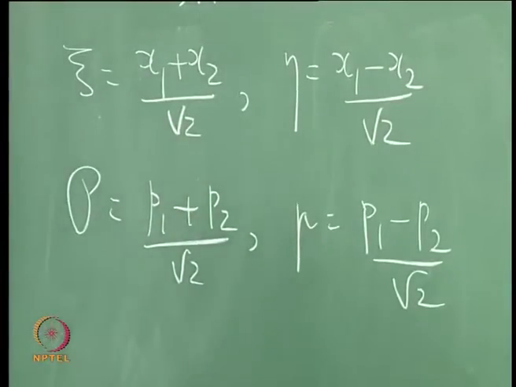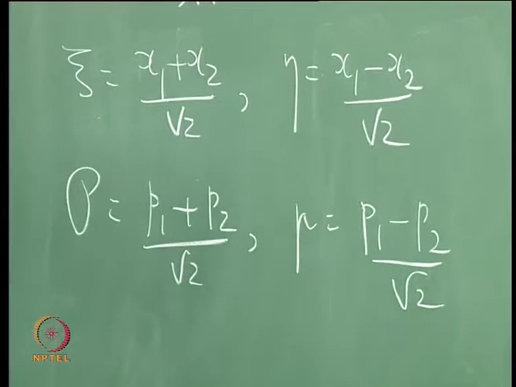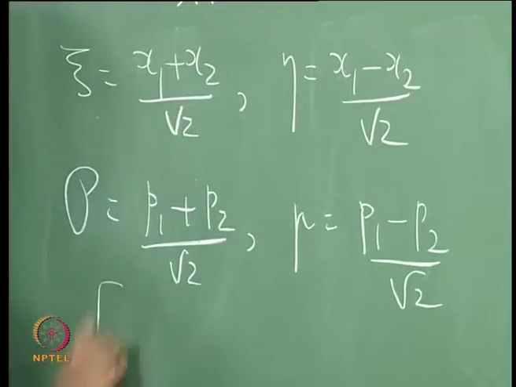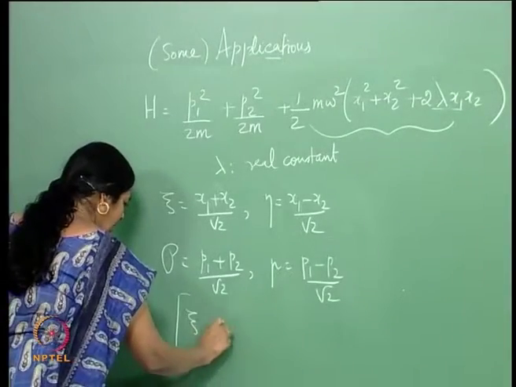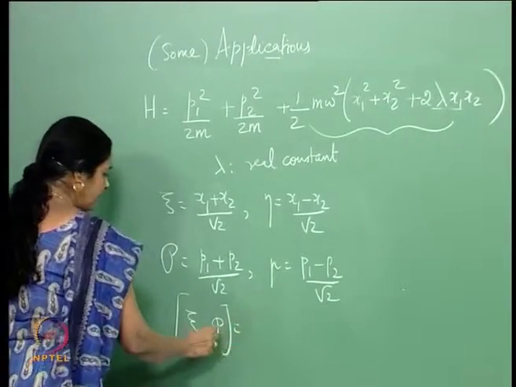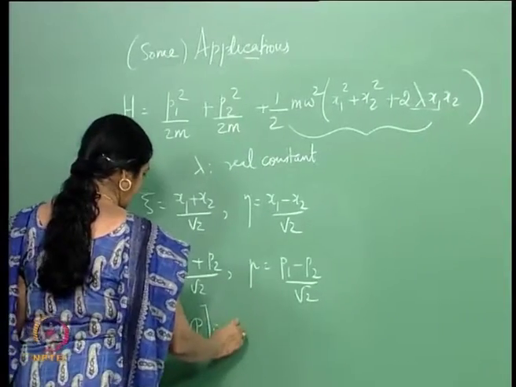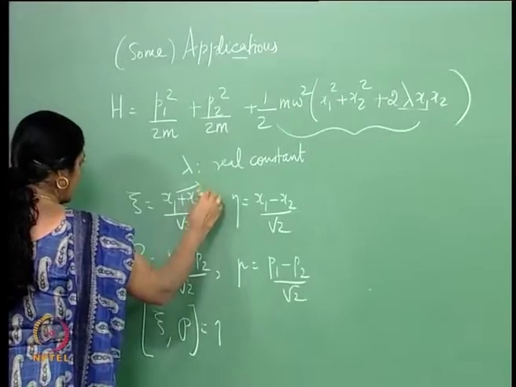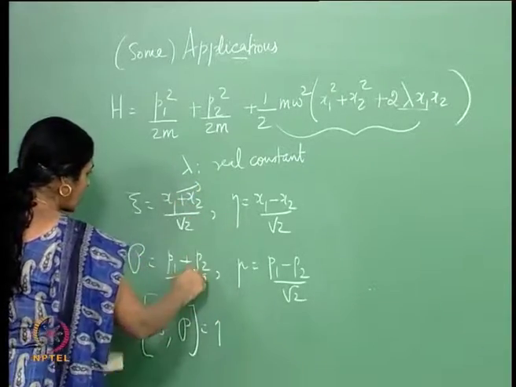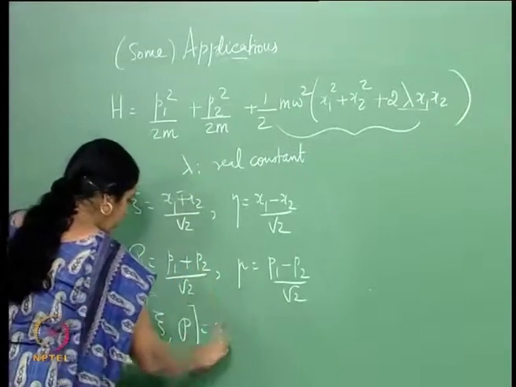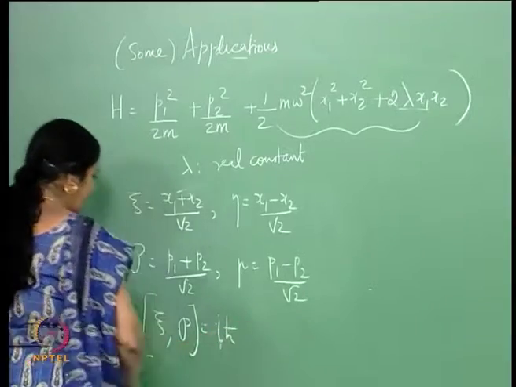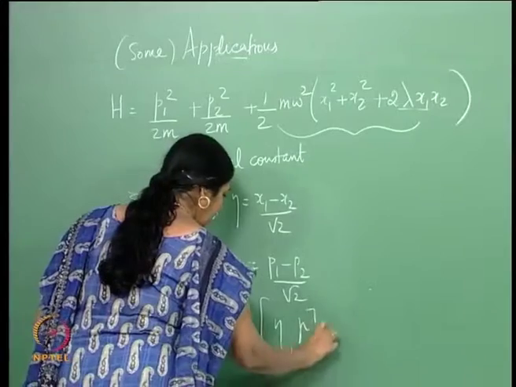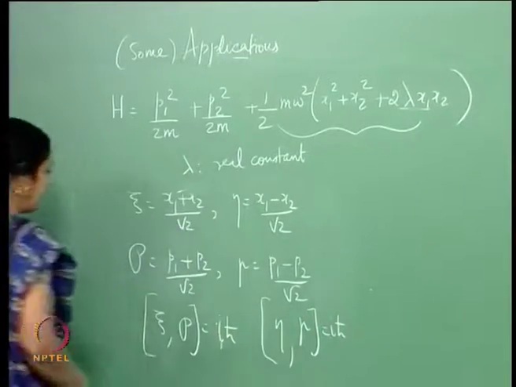It is not enough, we need to check that the commutation relations are obeyed. In other words, this should be equal to the same kind of commutation relation as x1 and p1 obeyed and x2 and p2 obeyed. So, I should get an i h cross here, and similarly eta with little p must give me an i h cross.